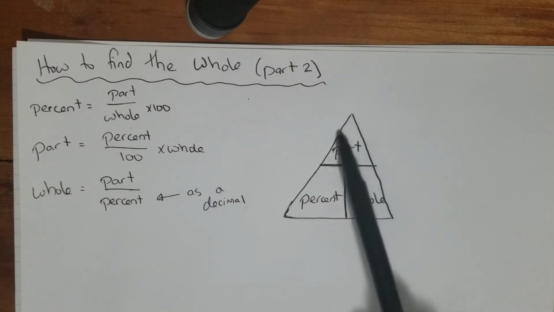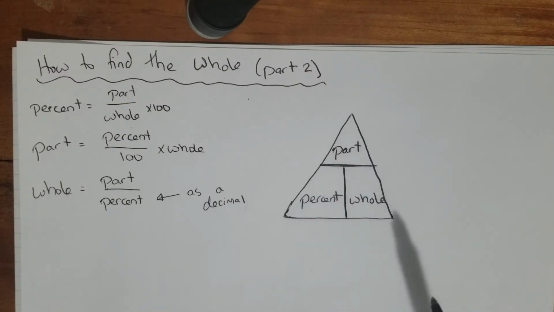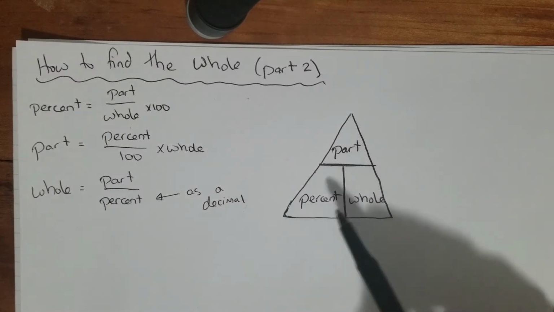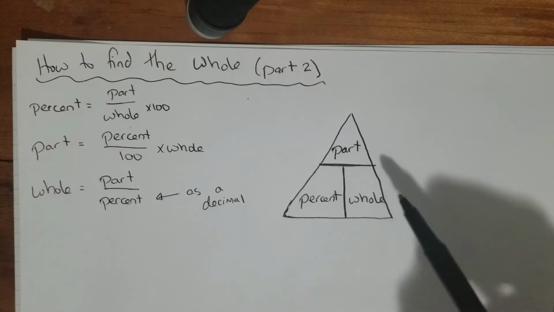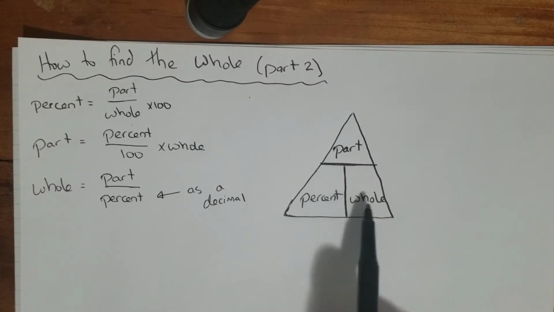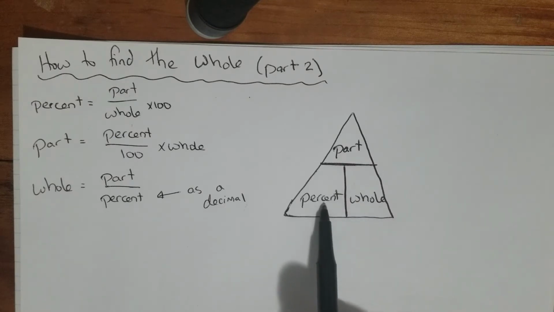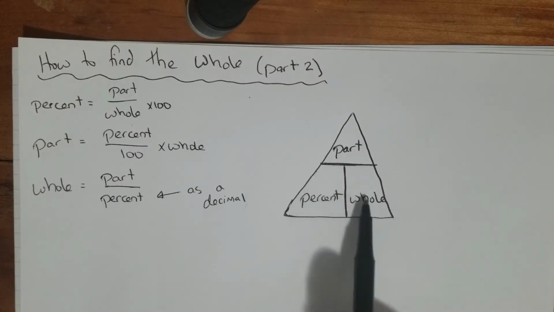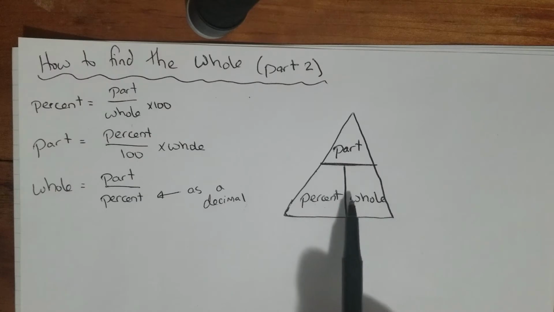Another way to think about it is using this triangle here on the side. Now, we used a triangle similar to this when we talked about speed, distance, and time in our last unit. In this same example, we can think about part, percent, and whole. So if I'm solving for part, the top one, it's simply percent times whole. I have to make sure percent is a decimal, but they're right beside each other, so they end up being multiplied.